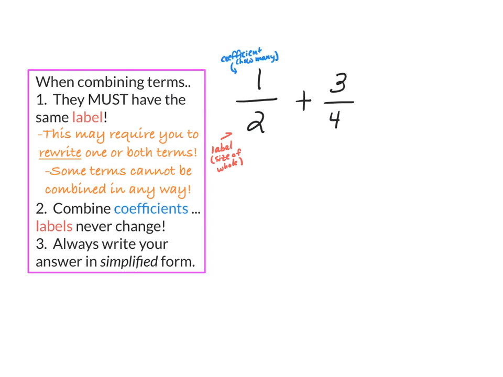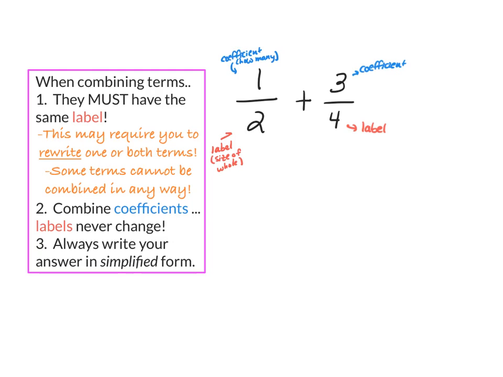So on the other fraction, I would notice right now that the label is a 4 and the coefficient is a 3. So this tells me I have 3 of the size of the pieces that we've called fourths. So I have 3 of the fourths, and here I have 1 of the halves. These labels are not the same. What we had originally said was when we combine like terms, they must have the same label.